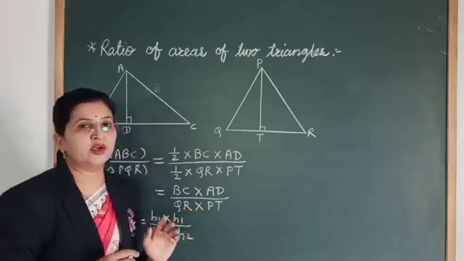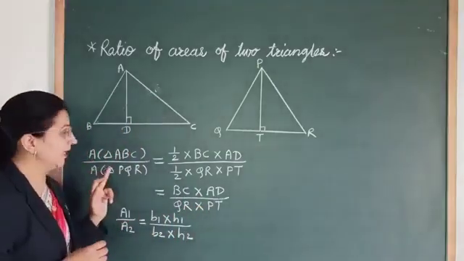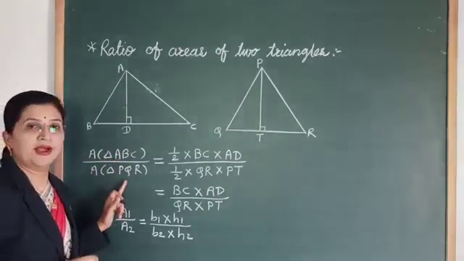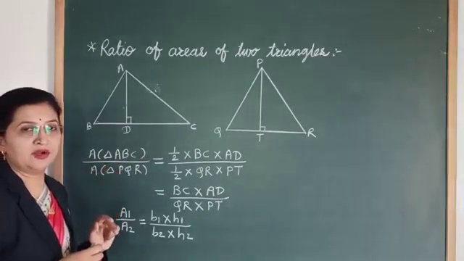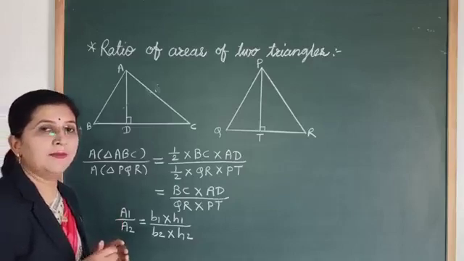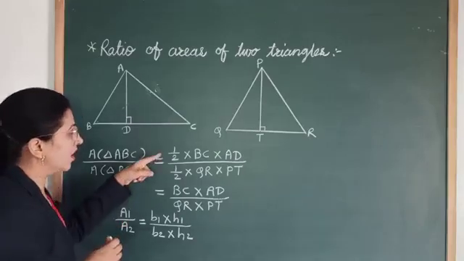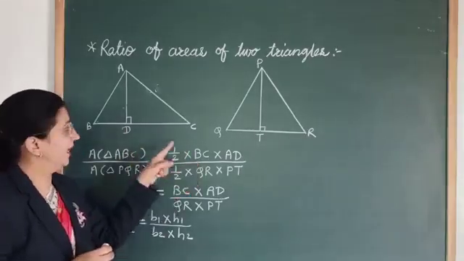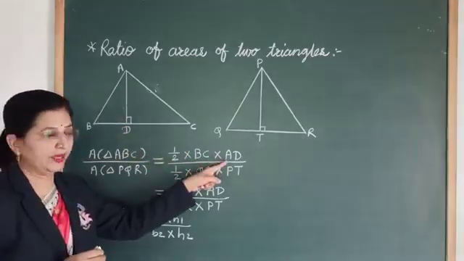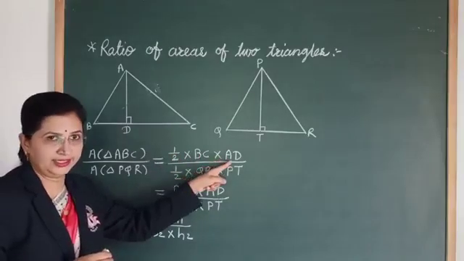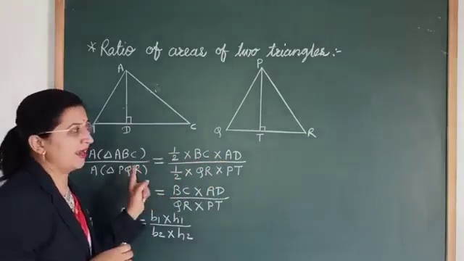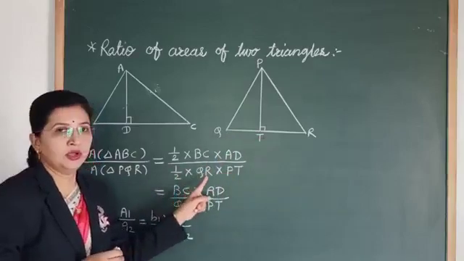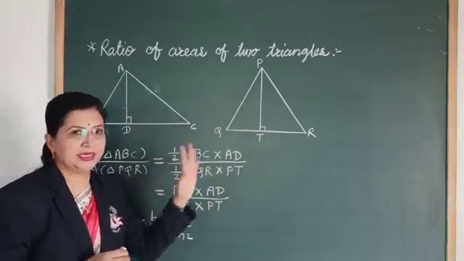Now let's write down the ratio of areas of these two triangles. That is area of triangle ABC upon area of triangle PQR. We are knowing the formula for the area of triangle, that is half base into height. So half base. Base of the first triangle is BC. Its height is AD. Okay, so half BC into AD. Similarly, for this second triangle PQR, its base is QR, half into QR into height PT.